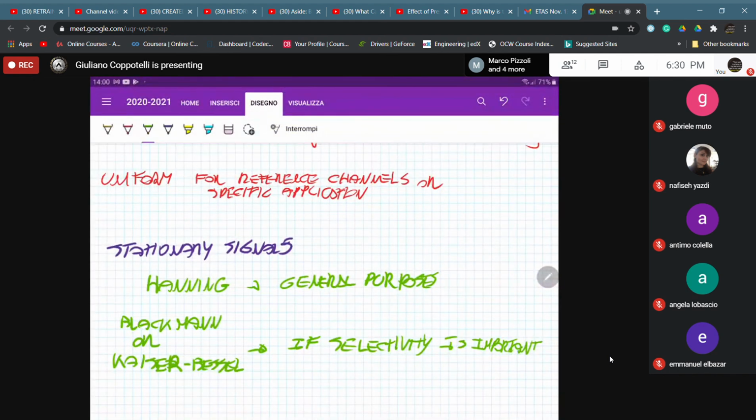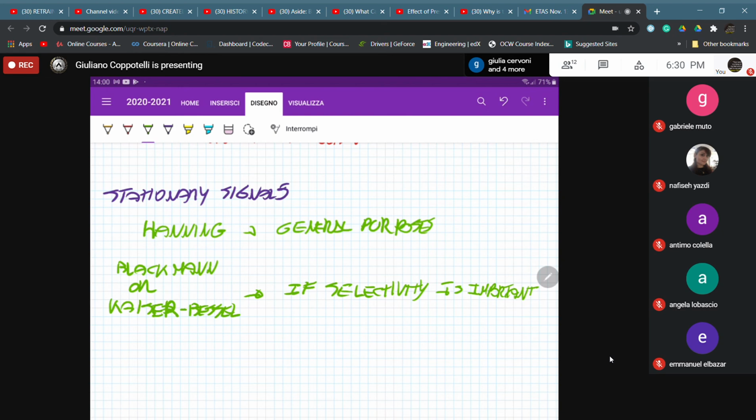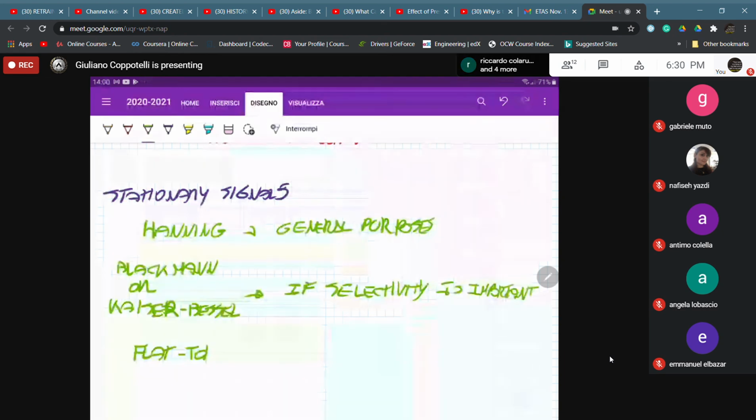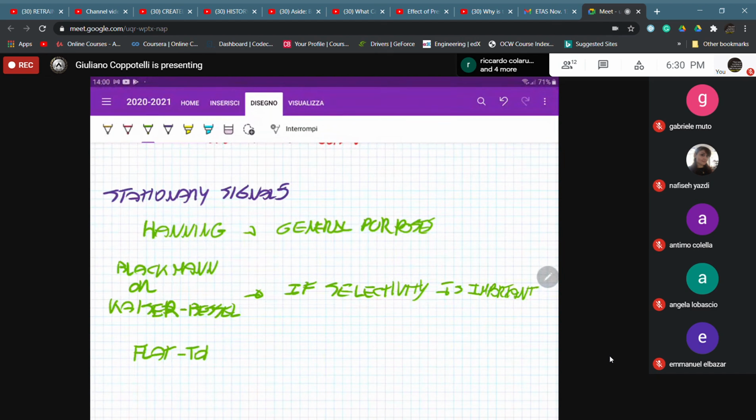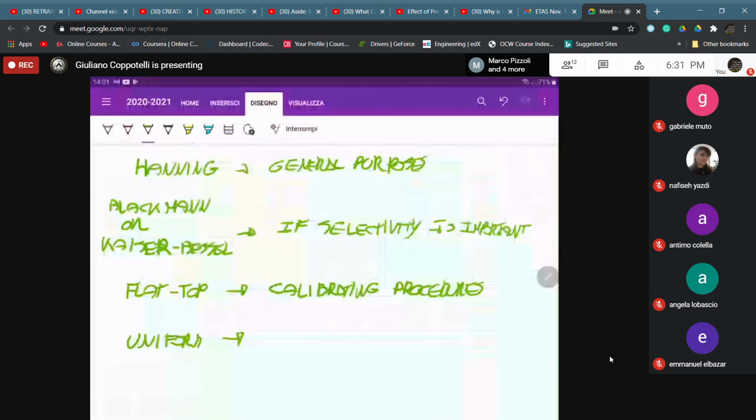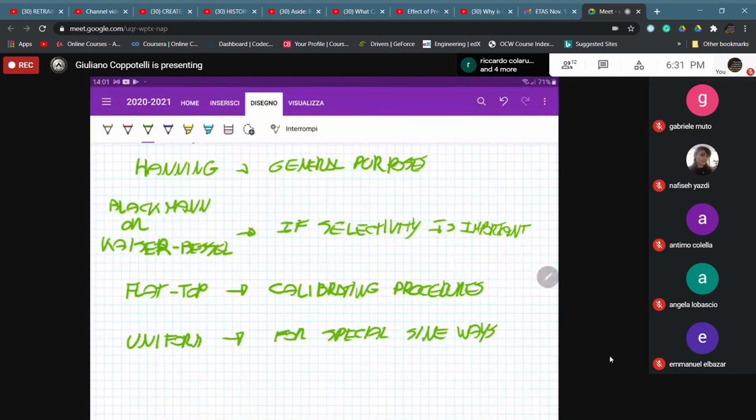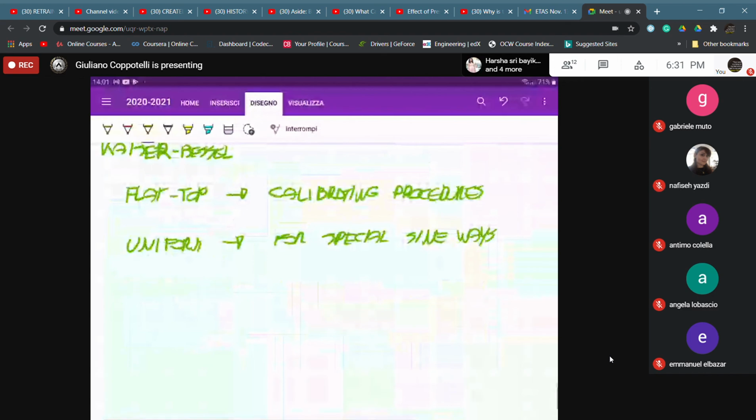Flat top is for calibrating procedures. And then uniform once again, for special sine waves that are characterized by having a period at least equal to the length of your observation time.